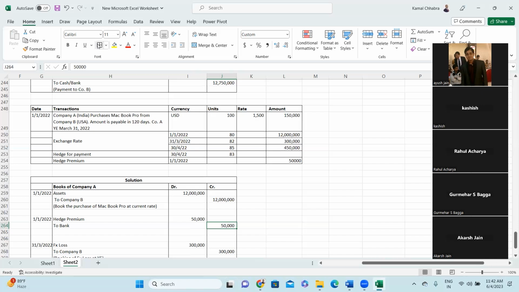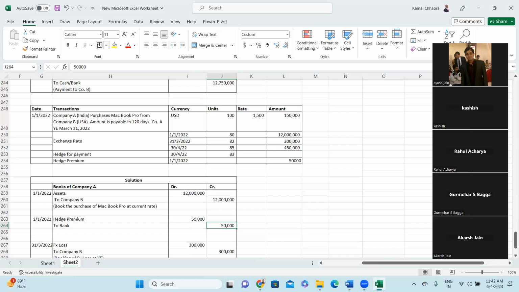Now you went to the bank, and the bank has projected the best rate based on the contracts it has in hand, the US dollars it has in hand, and the expected exchange rate change. Then the bank says after 120 days I'm comfortable giving you at 83 rupees per dollar, but you need to pay 50,000 rupees as a hedge premium.